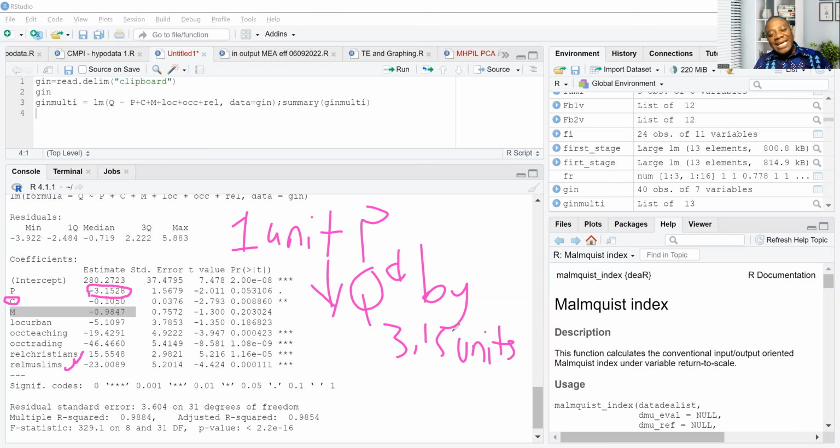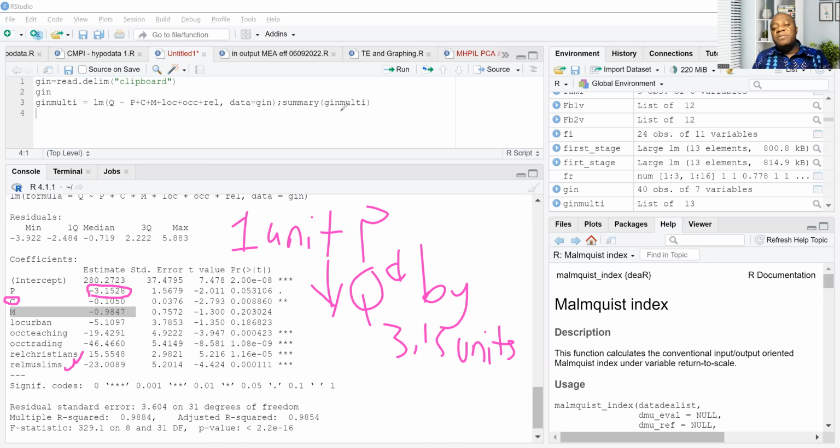Why did I say decrease? I'm sure you got that. Because of the negative in front of the 3.15. The sign in front of the number you are interpreting will tell you what is going to happen to the quantity demanded.